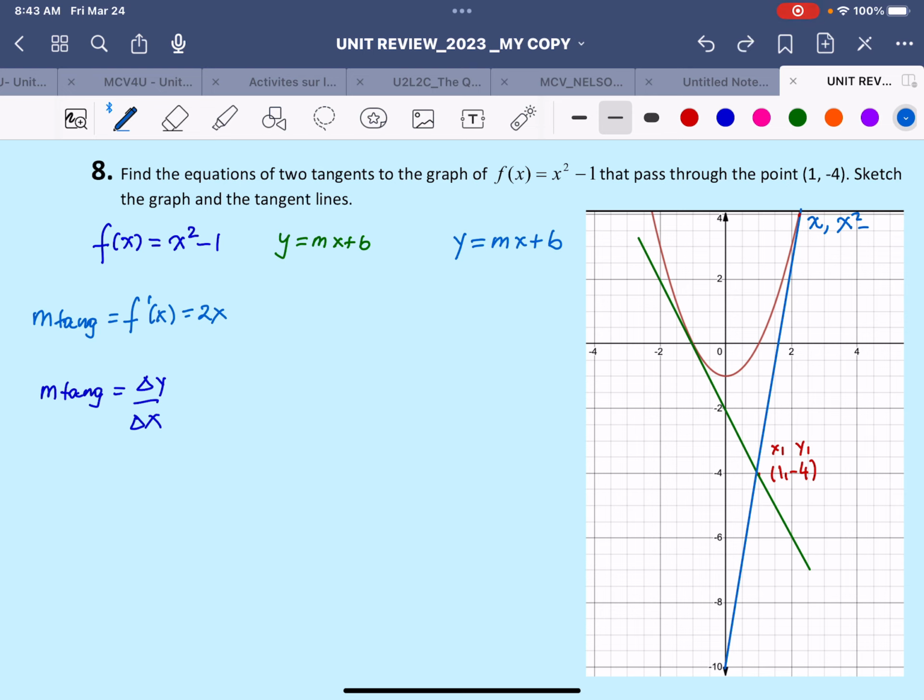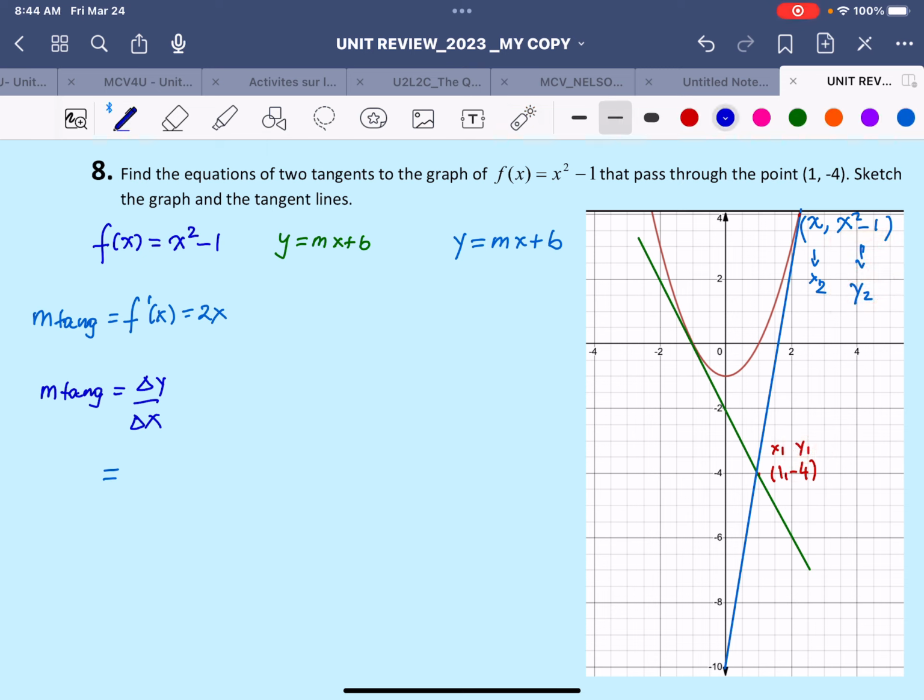So we can treat these two coordinates as x2 and y2. By using the delta y over delta x formula now, we have y2 minus y1, or in other words, x squared minus 1 minus negative 4.